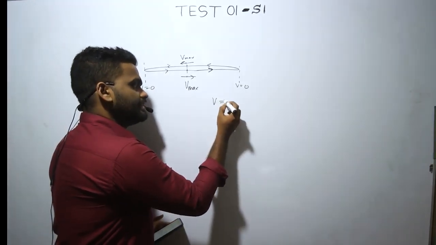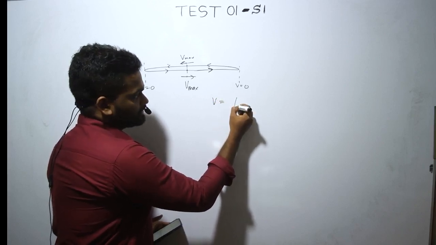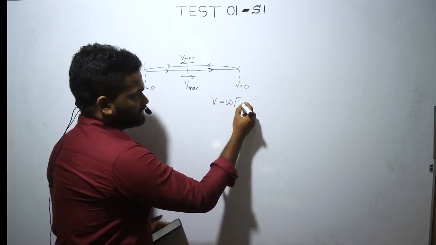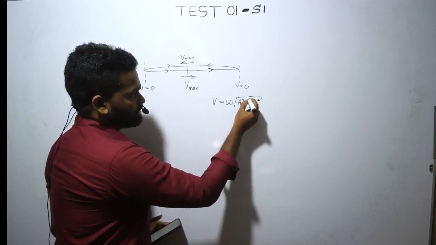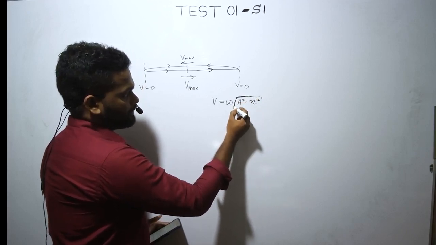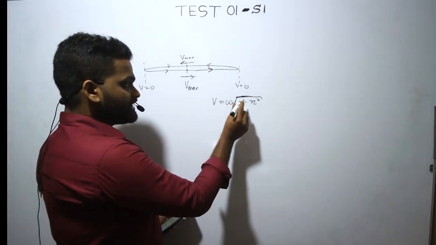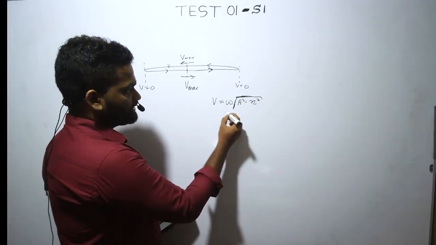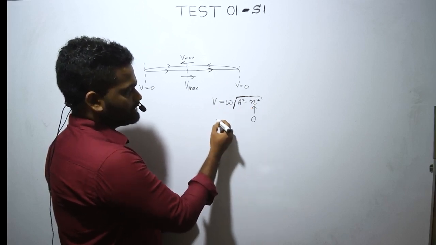So to get the speed or the velocity, we have this equation: omega times the square root of a squared minus x squared. You need to remember this equation, right? From this equation, you can see when the displacement is 0, we have the maximum speed.